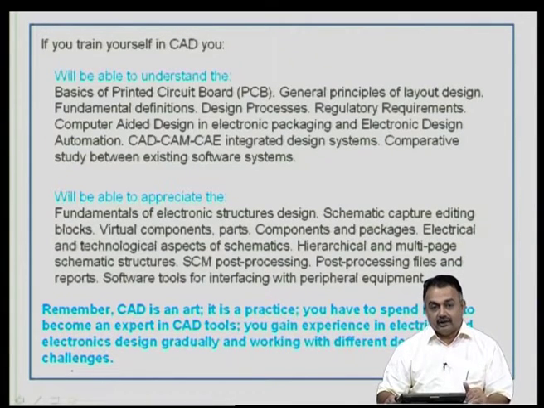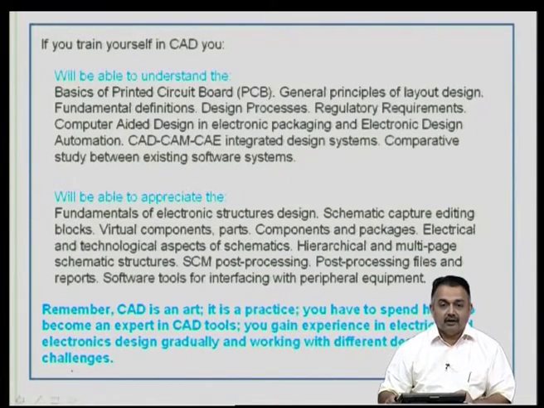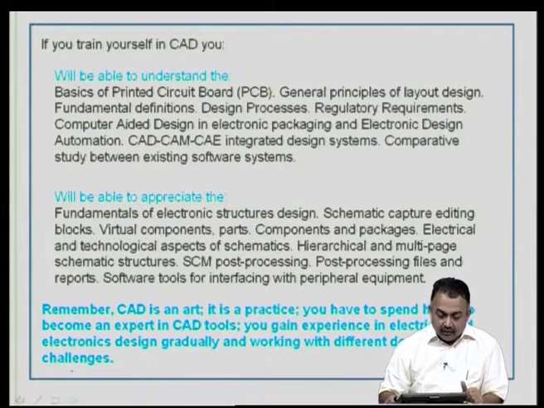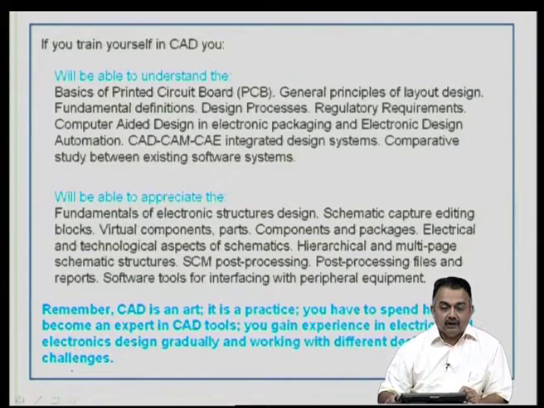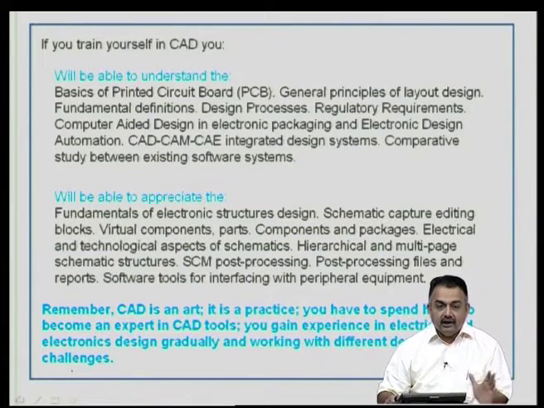For example, if you want to export your design after manufacturing your design in house, you have to understand the regulatory requirements in terms of material issues, thickness issues, line widths, feature sizes, electrical requirements, thermal and so on. And you will be able to understand the CAD in electronics packaging as a whole and the EDA, electronic design automation tool set.